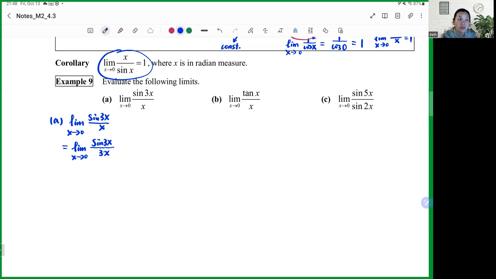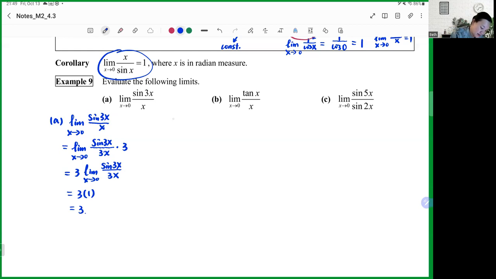Instead of dividing by x, I'm changing it to divide by 3x, and then I'm going to multiply by 3. After that, I'm going to take 3 out and only write this limit. 3x can be seen as an angle that is close to 0, so this limit is the special limit 1. So the answer is 3. Is it fine? I hope so.